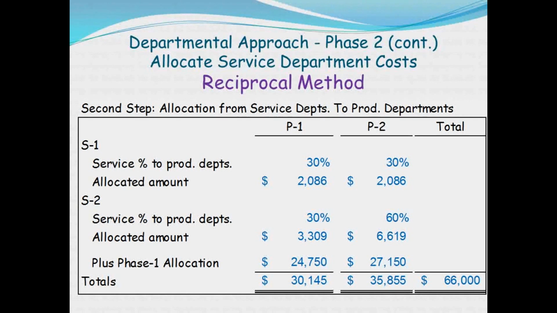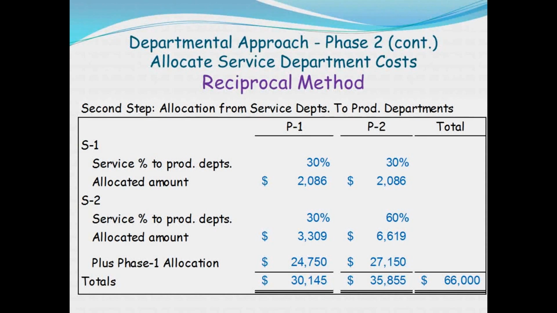They always think they're getting allocated too much for whatever service department. So it's an argument every year. Unless it's a good year, then no one argues quite as much. But in a bad year, it's a big area.